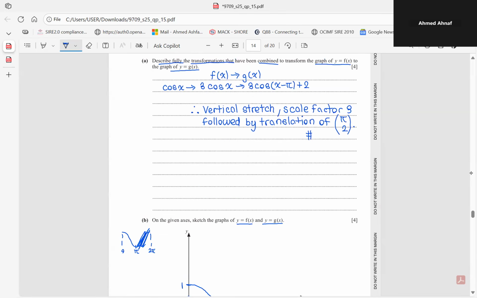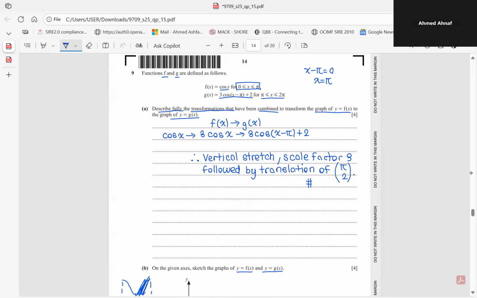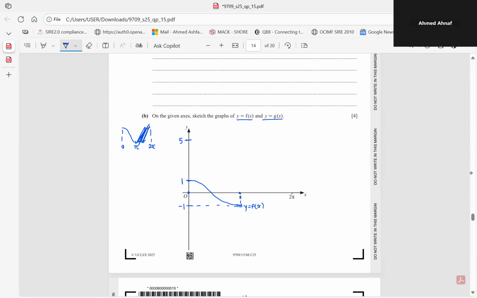To do this, we need to know the maximum and minimum points for y equals g(x). So just sub 1 into the cosine, so 3 times 1 plus 2, that is 5. So 5 we can draw somewhere here, and the minimum point would be when cosine is -1, so you will get -1. Yep, you get -1. So this is the minimum point.